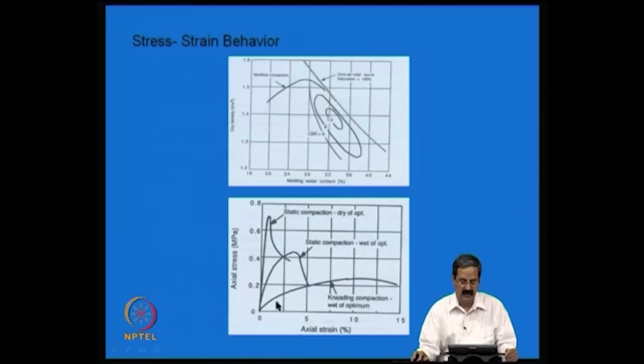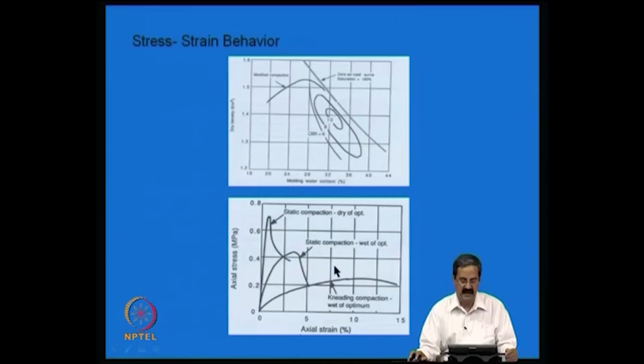So for example, here you can see that in the case of kneading compaction, the wet of optimum, where the water content is going to be a little higher, the stress strain response is somewhat flatter, whereas the same soil when it is compacted in the same range of water content, you have a better stress strain curve, in the sense that the stiffness is higher here compared to the stiffness here. Whereas the same soil which is compacted to dry of optimum, you have a much better curve.